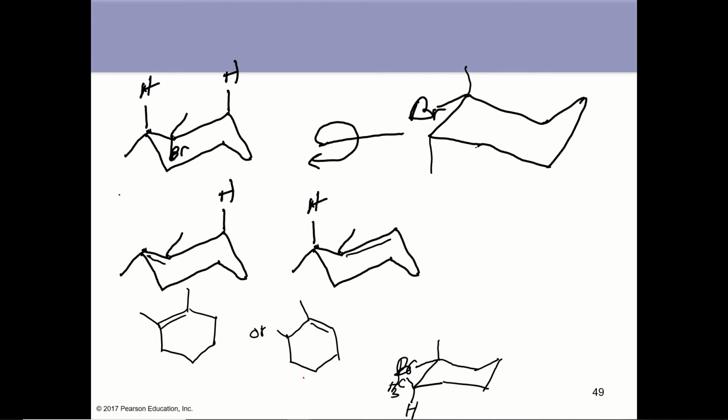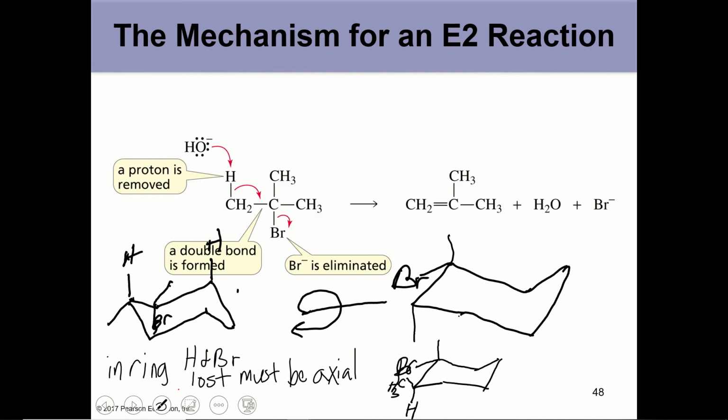So showing the mechanism, the hydrogen is removed, we have the pi bond formed, and this gives us this final product. But also, there's another hydrogen that is axial to the bromine, and that is this one shown here.